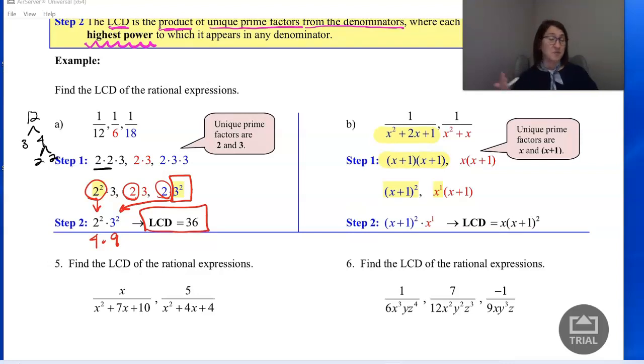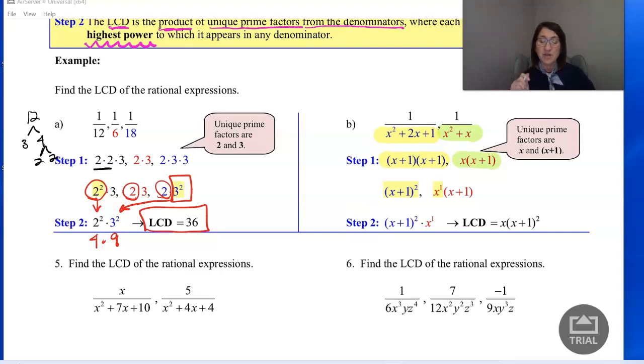And that is x plus 1 squared. Then if I take my x squared plus x and take out a greatest common factor of x, I've got x times x plus 1. Those are each separate factors, the x and the x plus 1.